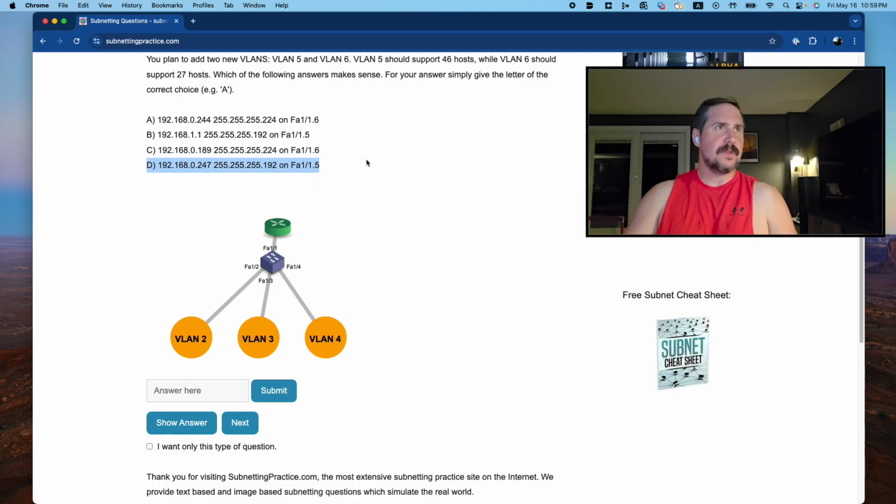192.168.0.247, 255.255.255.192. So it's got a block size of 64. And it does get tacked on. So 256 minus 64.